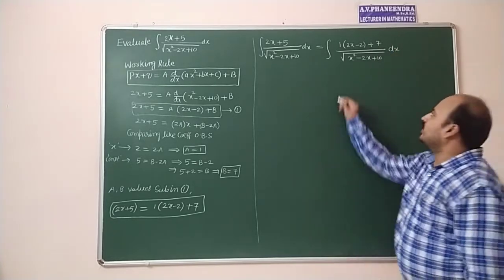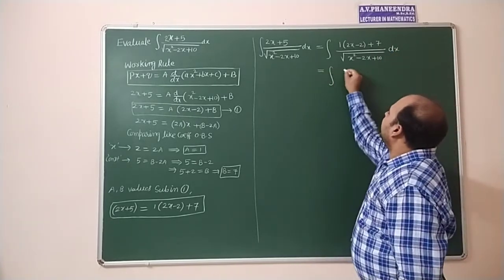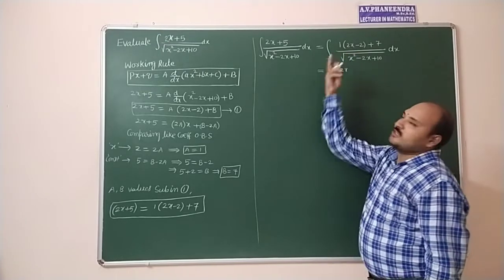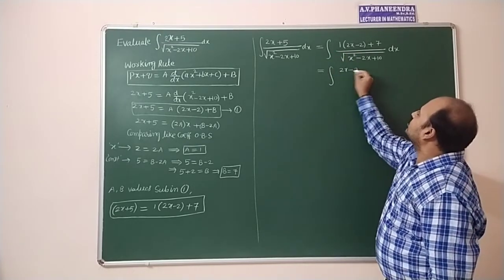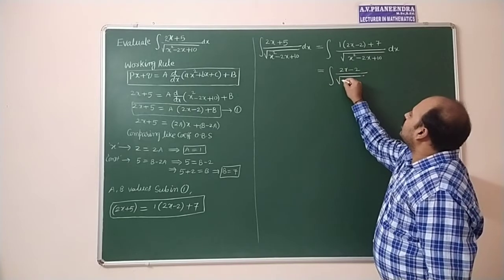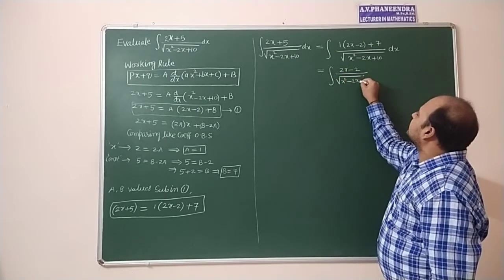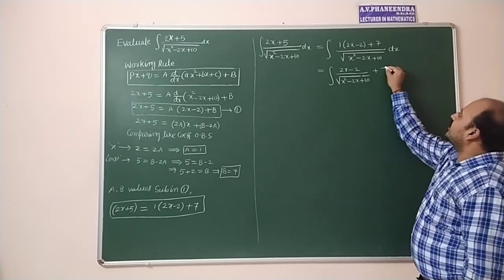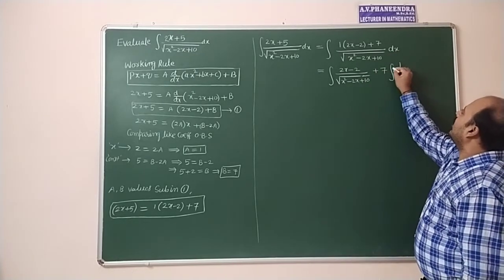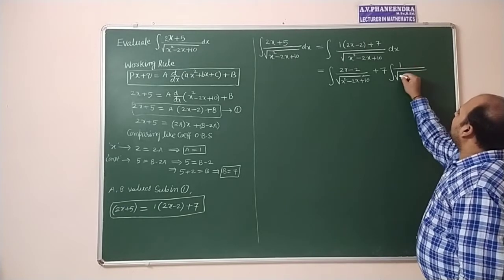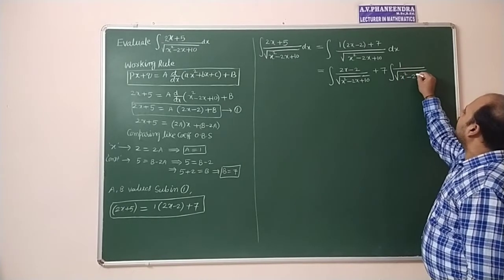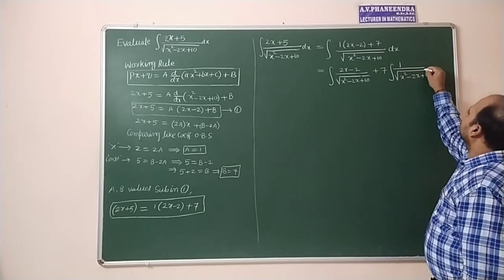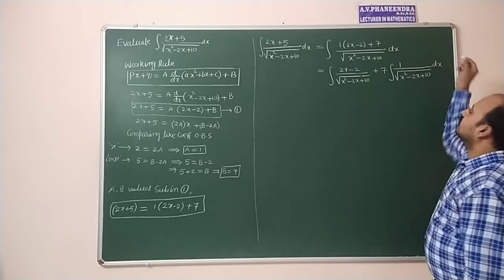Now split into two terms. Integral 1 into 1, we can take outside, is 1 only. 2x minus 2 divided by square root of x square minus 2x plus 10, plus 7, the constant, you can take outside. Integral 1 by square root of x square minus 2x plus 10 into dx.